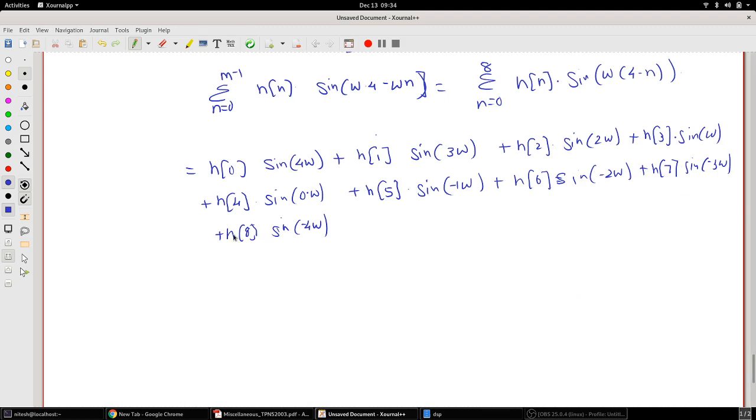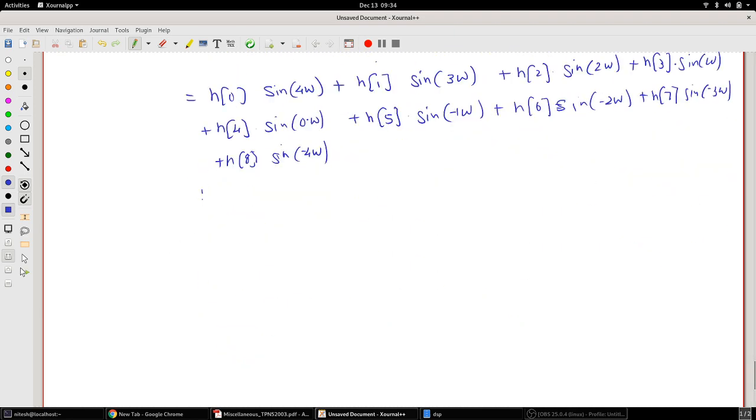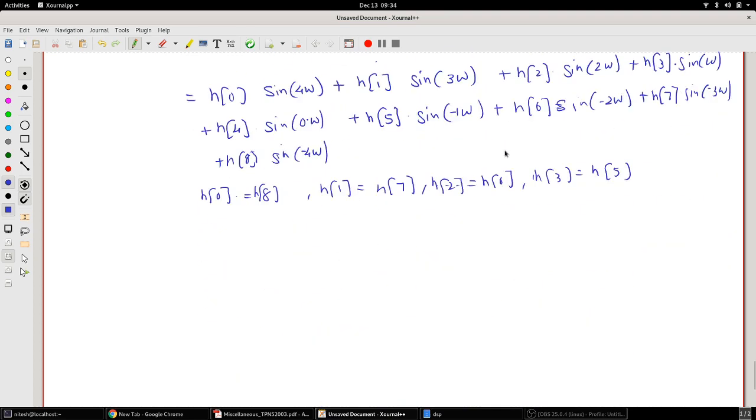Since this particular condition is true, I know that h of 0 is the same as h of 8, h of 1 is h of 7, and so on. In the same way, h of 2 is equal to h of 6, and h of 3 is equal to h of 5. This is because of the condition h of n equal to h of M minus 1 minus n.